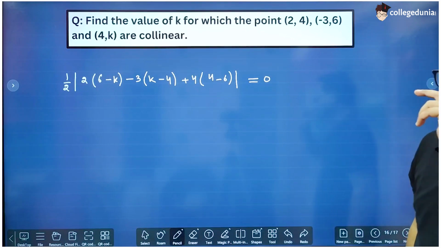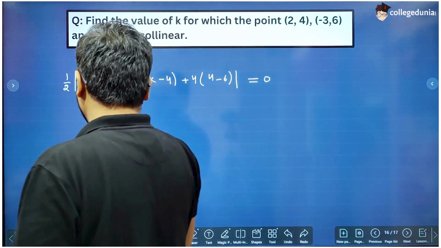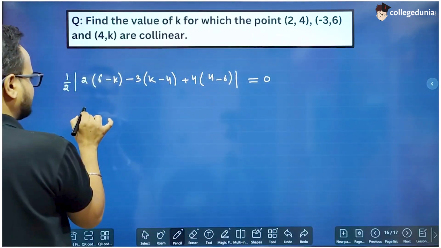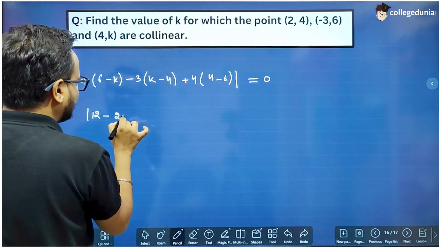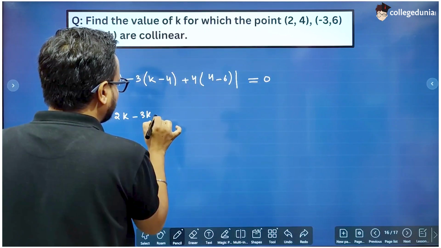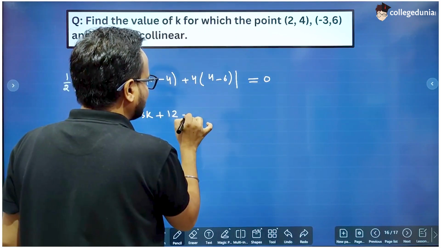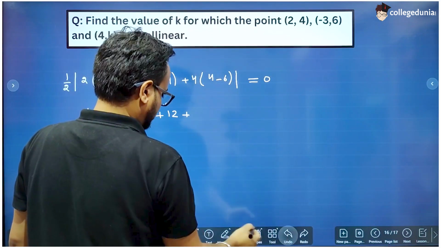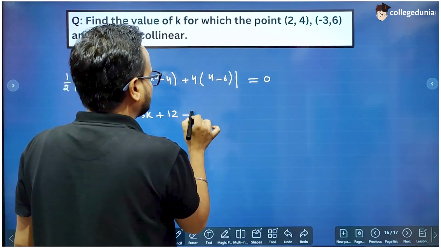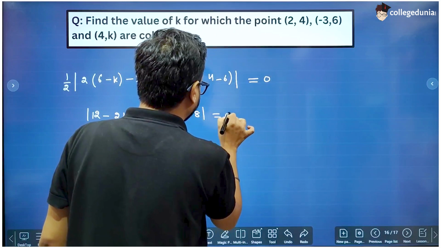It is given in the question. We just have to put this value equal to 0. The half goes to the other side, it all becomes 0. 2 into 6 is 12. 12 minus 2k minus 3k plus 12 plus 4 minus 6 is minus 2. So this is minus 8 equal to 0.